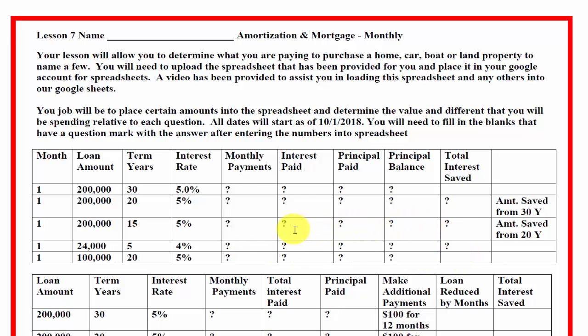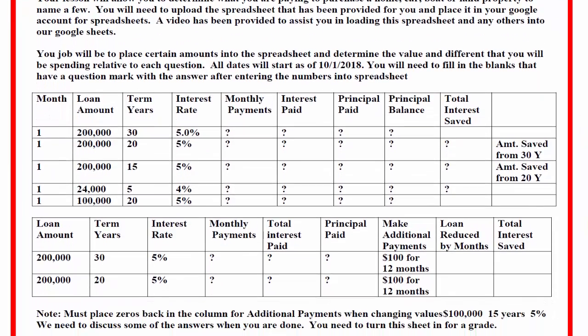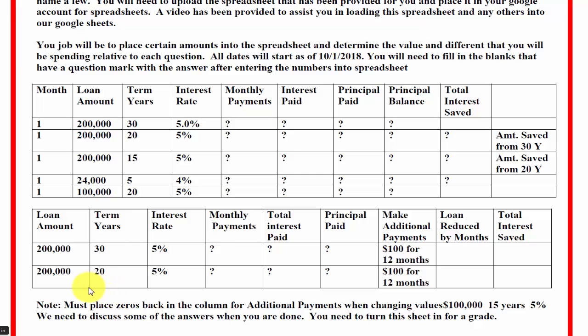Okay, now to continue on with this, you'll notice that we have another thing for you. If you wish to pay more money than the monthly payment, let's say for 30 years at 5%, fill this in, but this time you're going to add an additional $100 for 12 months.